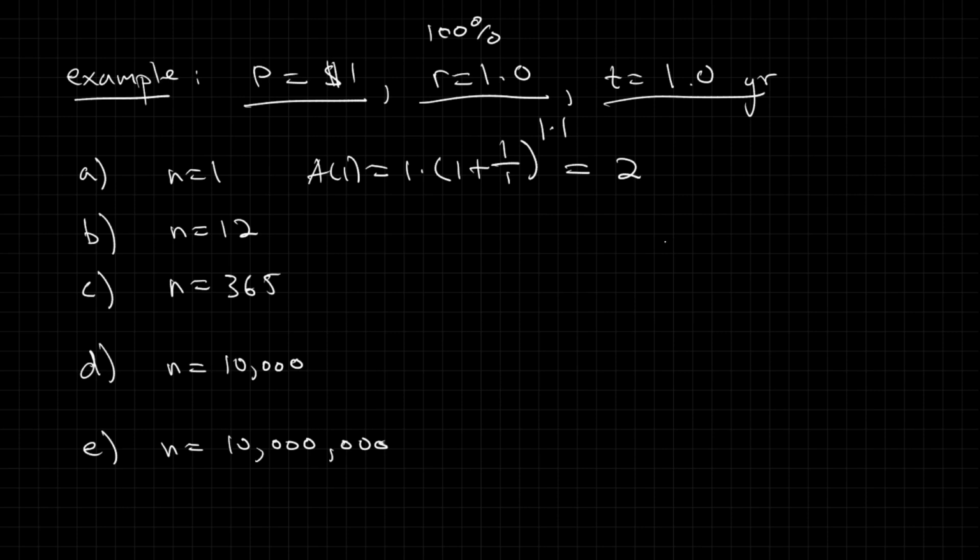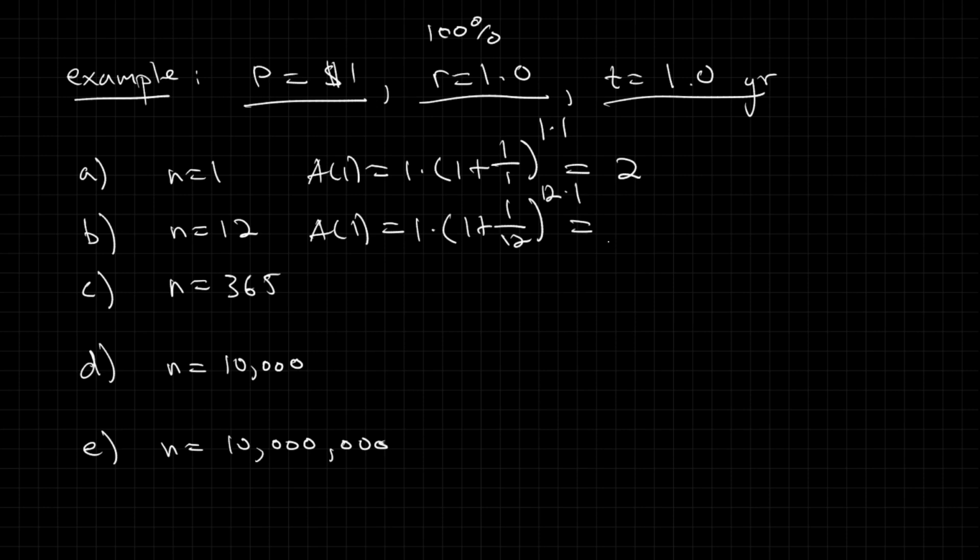Now at this point, if I had to guess, I would guess that we would receive quite a lot of money if we compounded 10 million times per year. Let's see what ends up happening. So for the monthly version, we do P, which is 1, times 1 plus r over n, 1 over 12, to the n times t, so 12 times t.